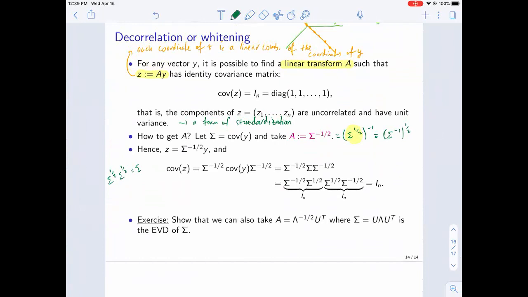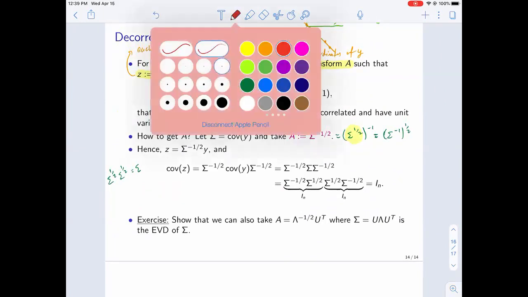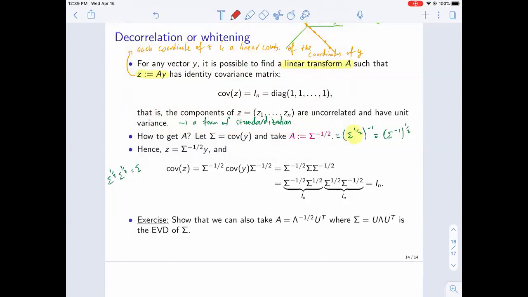In addition, I'm implicitly assuming that sigma is invertible or non-singular, which means that it's strictly positive definite, so no eigenvalue is 0.